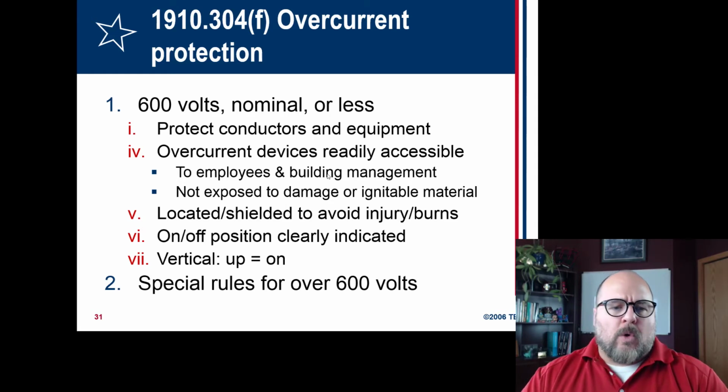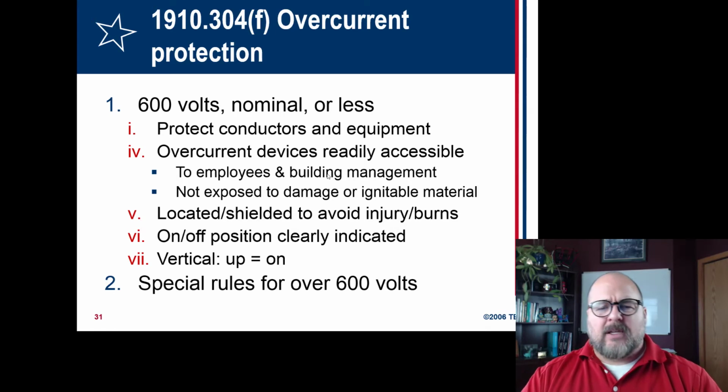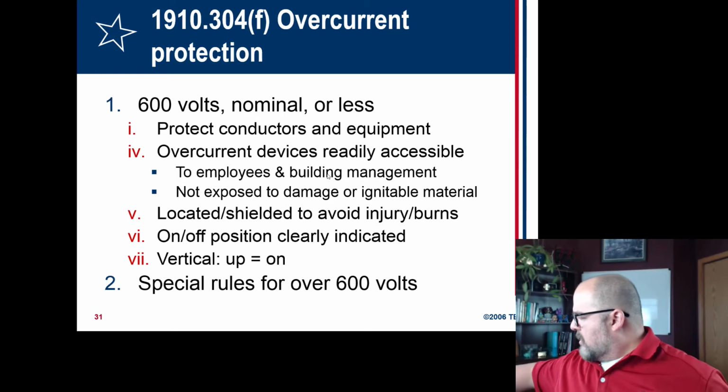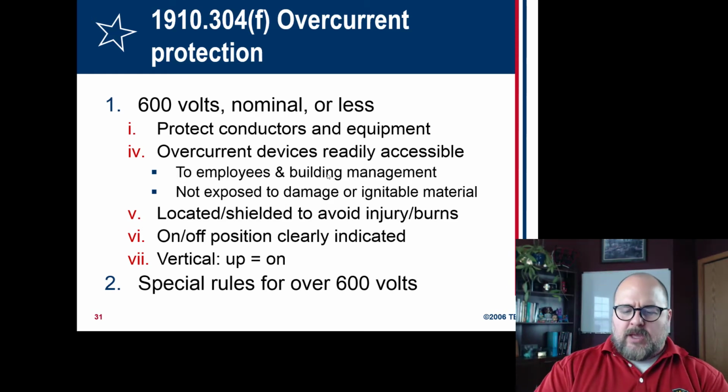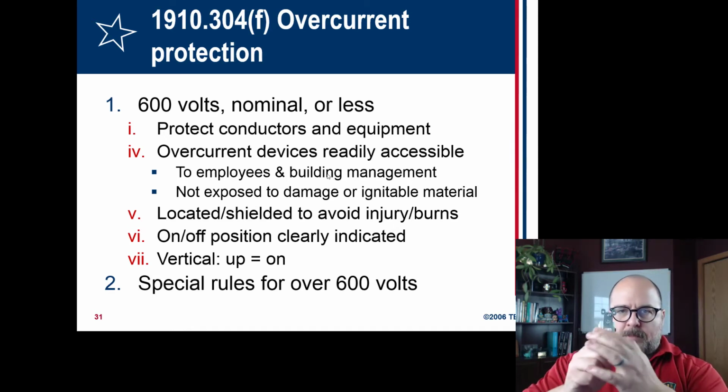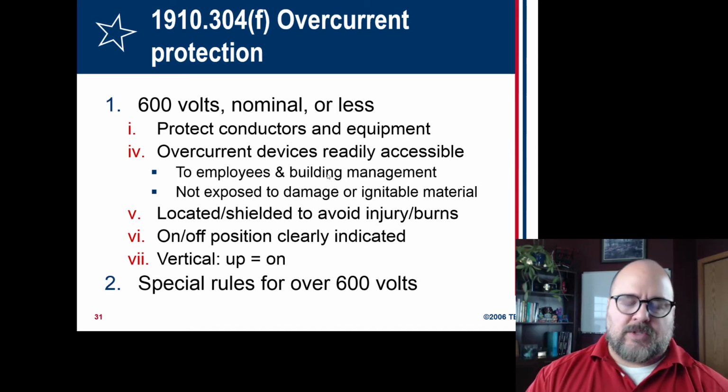For 600 volts or less, protecting conductors and equipment: overcurrent devices readily accessible, shielding to avoid burns, on-off position clearly indicated, vertical up. So do I have a switch here? Yeah, so you're supposed to put them in. This is actually a 3-way switch, so it's not labeled off and on. So up is on, down is off. That's how you're supposed to design it.